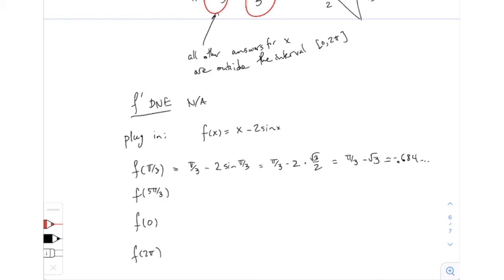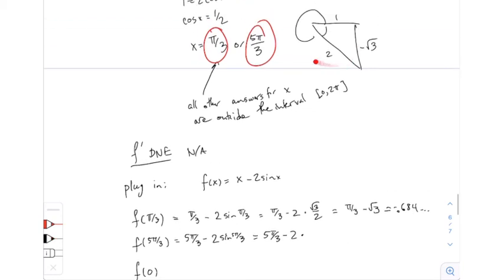Okay, let's keep it going. 5 pi over 3 now. So it's going to be 5 pi over 3 minus 2 sine 5 pi over 3. And the sine of that one is this triangle here. The sine will be opposite over hypotenuse again, negative root 3 over 2.